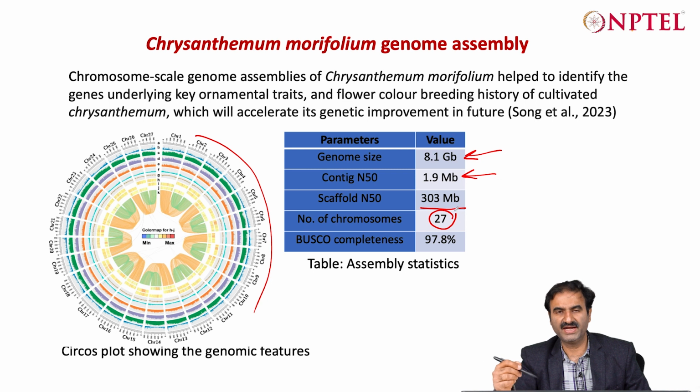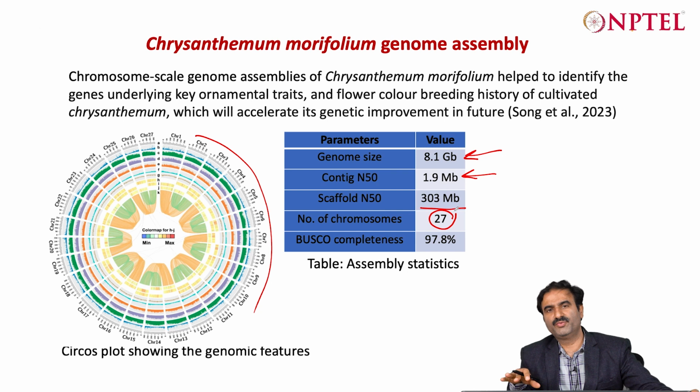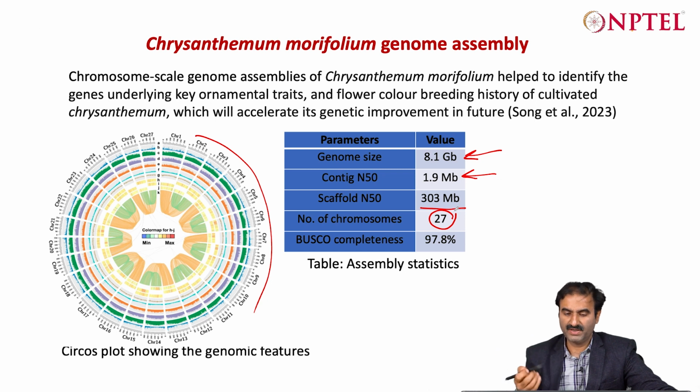They could segregate that into 27 chromosomes. So this is a good example of a chromosome-level assembly where the information, the contig and scaffold information, was segregated into various chromosomes. And also a high BUSCO was achieved, right? So these kinds of genomes will help you take it further. This recently came, and for the telomere to telomere assembly.